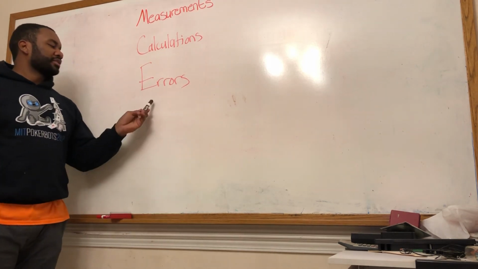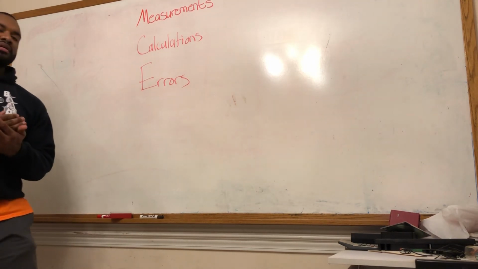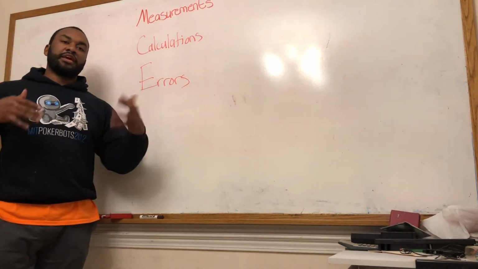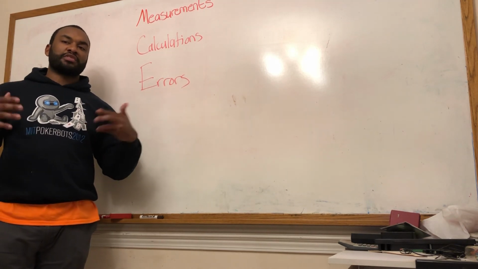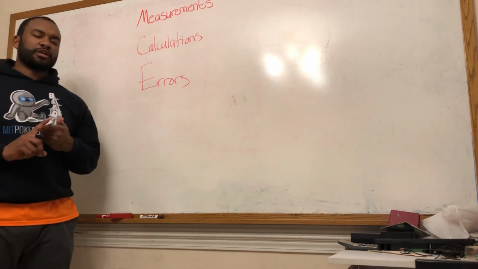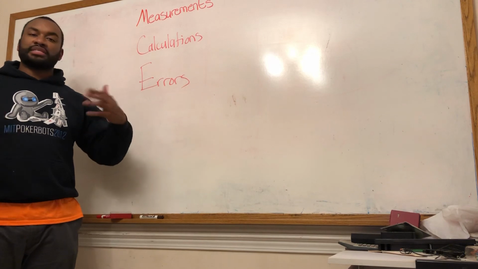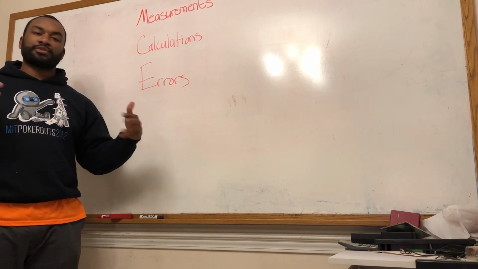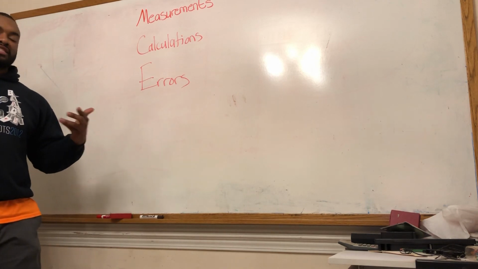And then errors. Don't forget, errors can be human, that's the error associated with the nature of the operator. Random, basically the various idiosyncrasies associated with the process you design, the errors associated with that, that's a random error.